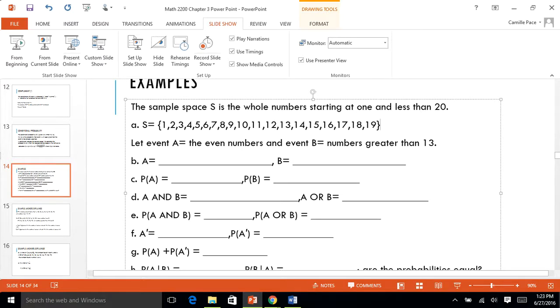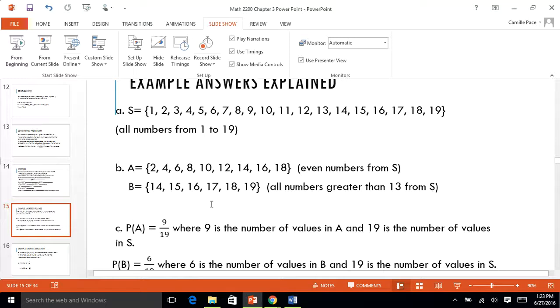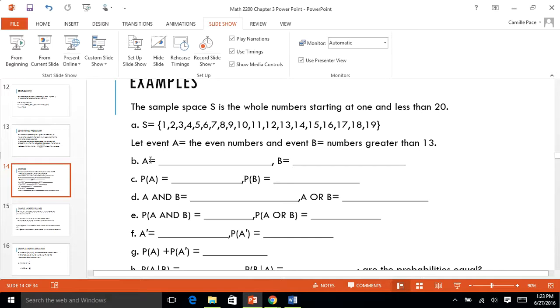All right, so it says let event A equal the even numbers and let event B equal numbers greater than 13. So if I go here and show you, A is all the evens and B is greater than 13. That's all that meant. And look at the terminology. It says A equals that, B equals that.